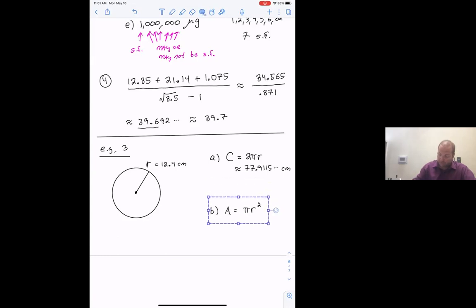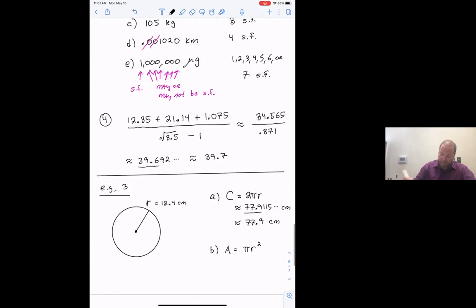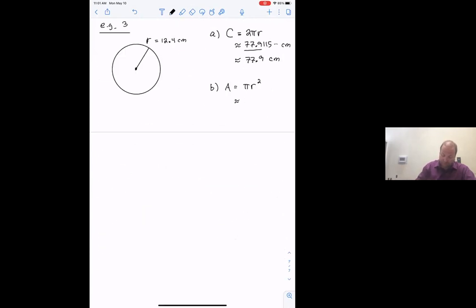And it wants me to round this to 1 decimal place. So this is going to be approximately 77.9 centimeters. Meanwhile, the area, pi r squared, so I do pi times 12.4 squared. This gives me 483.051.